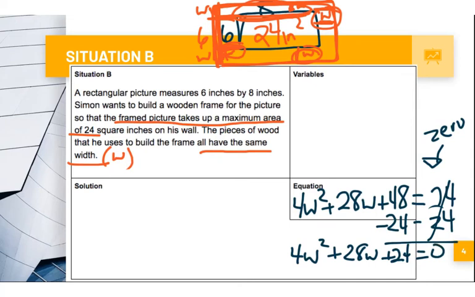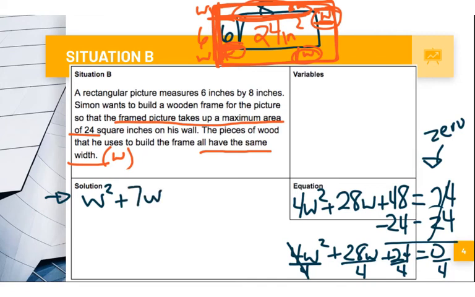Cool. Now I'm going to get rid of the coefficient for W squared, so I'm going to divide everything by 4. As you see, I'm out of room, so I'm going to move up here. 4W squared divided by 4 gives me W squared. 28 divided by 4 is 7, so 7W.